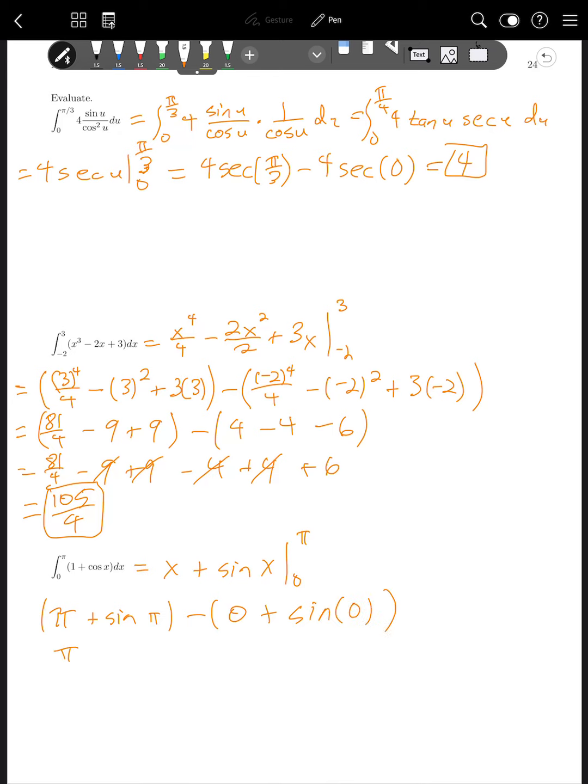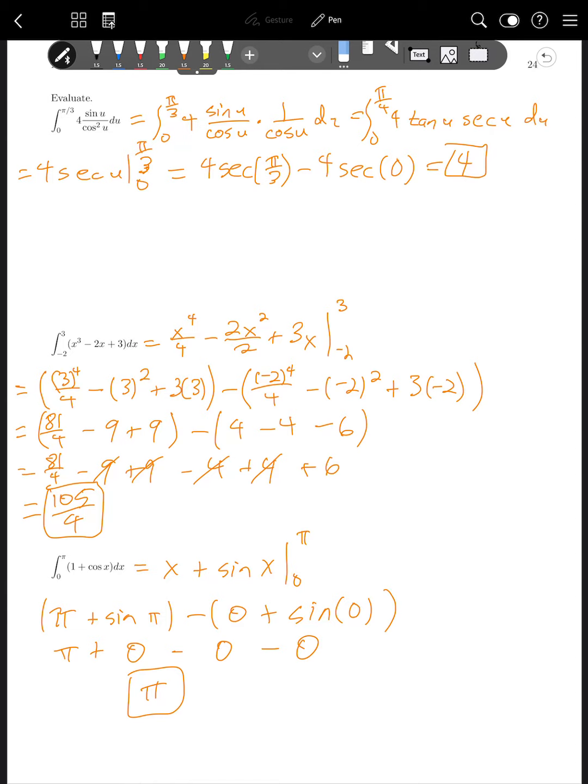So that's pi plus 0 minus 0 minus 0. And so this is just pi. Okay, and so that's the idea.